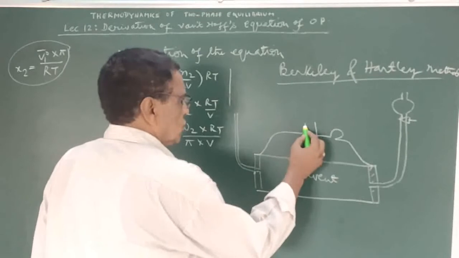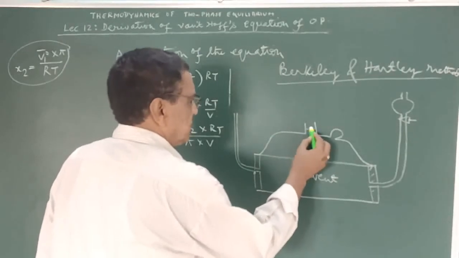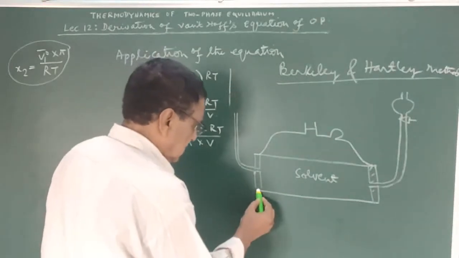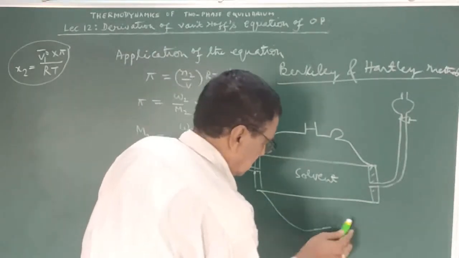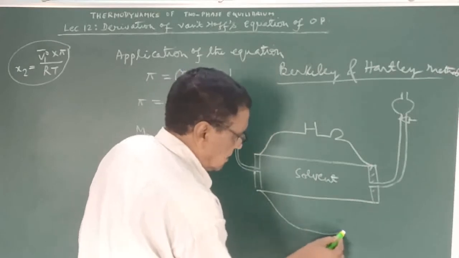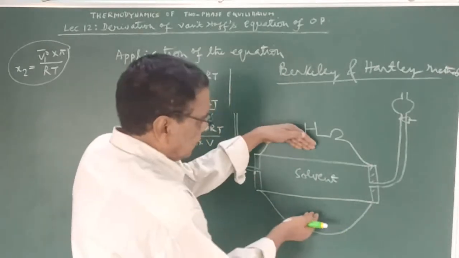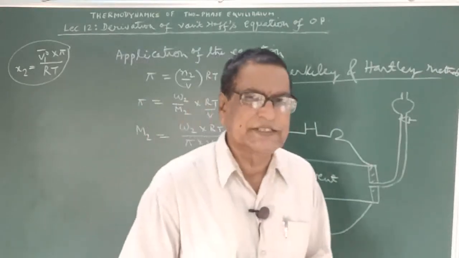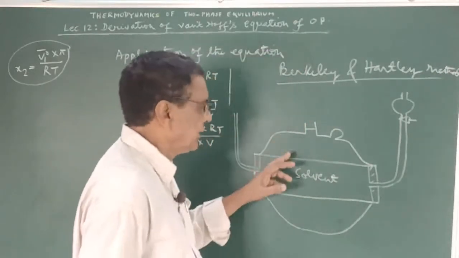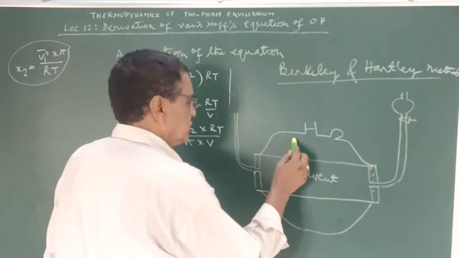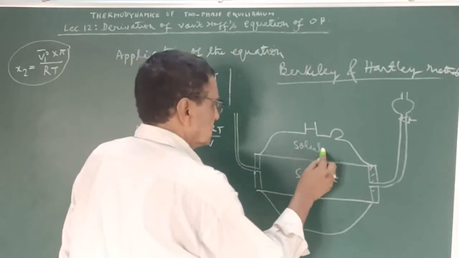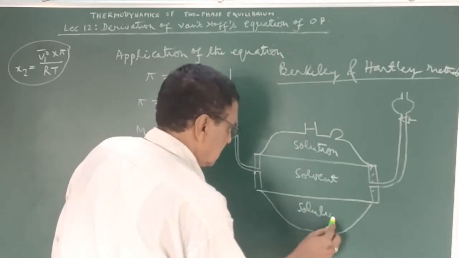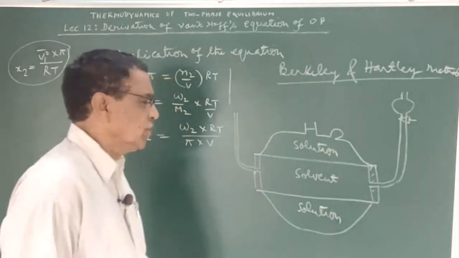Here is the piston on which the pressure is added, and this annular space between the porcelain cylinder and the gunmetal cylinder contains the solution.